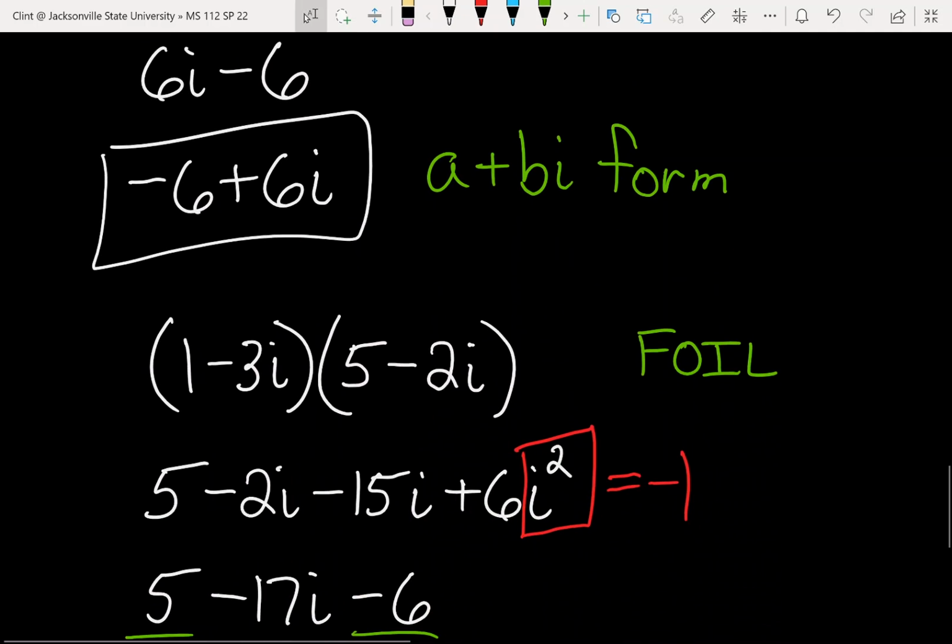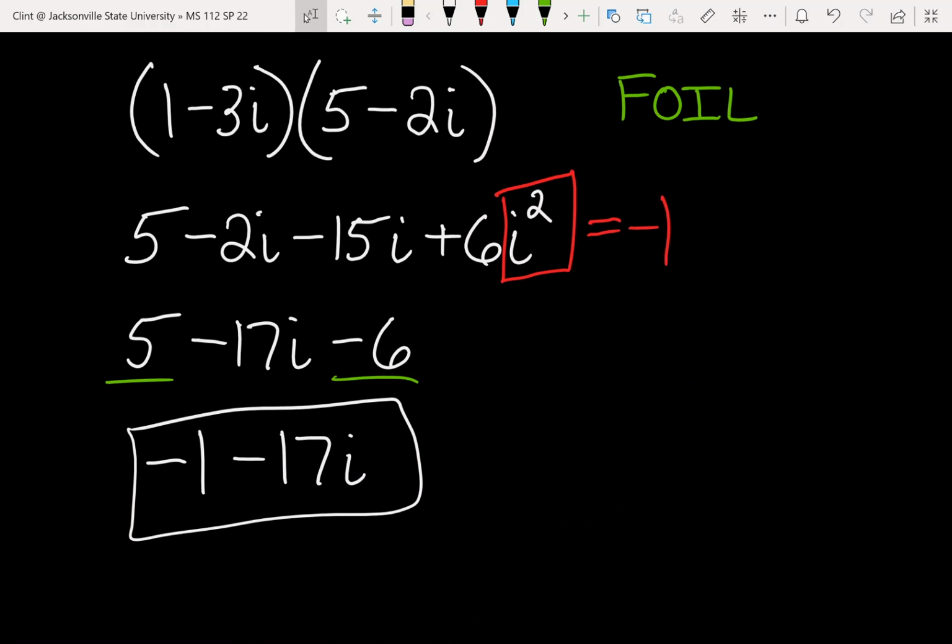The first one there, we did the distributive property, and then we can use the other stuff we know about multiplying, like we did FOIL. When we did FOIL, we got an i squared, so we changed that to -1. And we're putting our answer in a plus bi form.